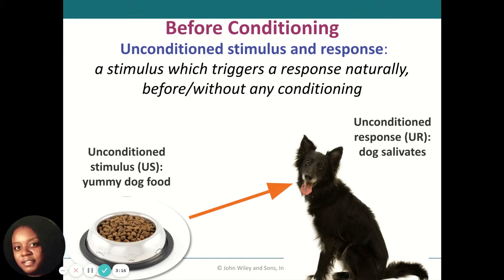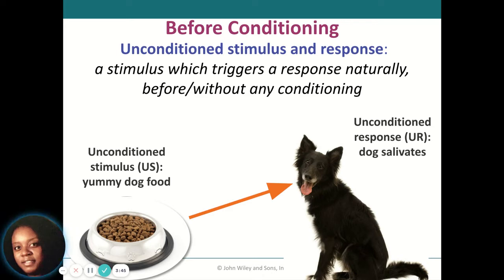So the food is what we call an unconditioned stimulus because it is something that doesn't have to be taught that automatically creates a response. So when you hear the word conditioning, think of learning. So if it's unconditioned, it's unlearned stimulus.